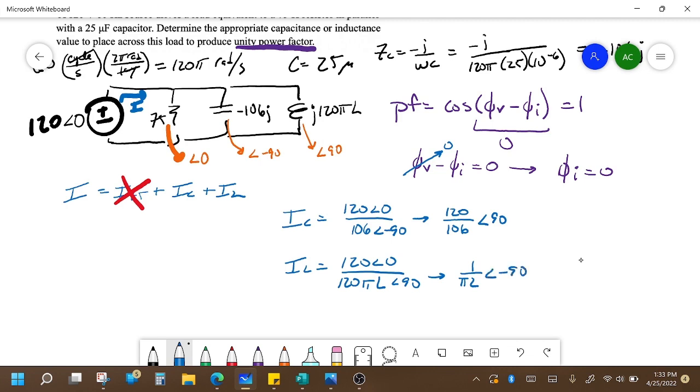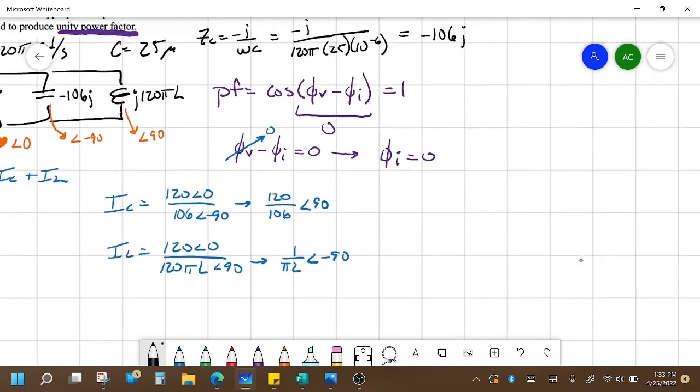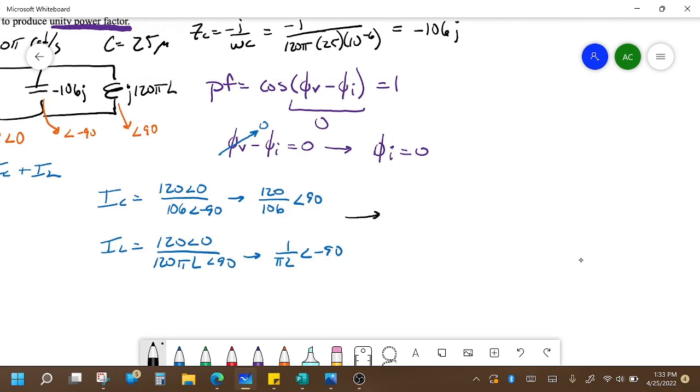All right, great. So the whole idea is that these two are going to add up, and their angles have to equal 0. So when I add these two up, 120 over 106 angle 90 plus 1 over pi L angle negative 90 equals some number. I don't care what the number is, but I want the angle to be 0, right?